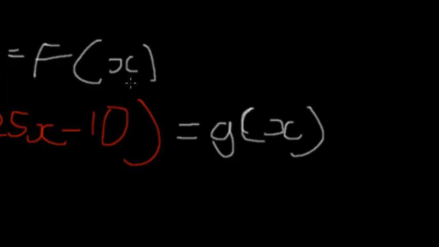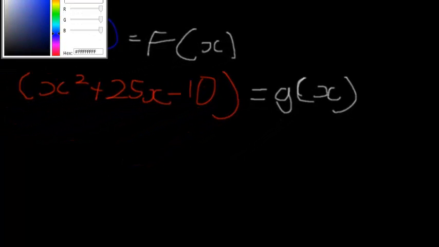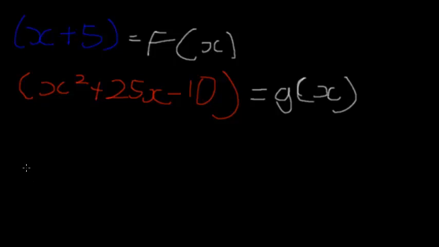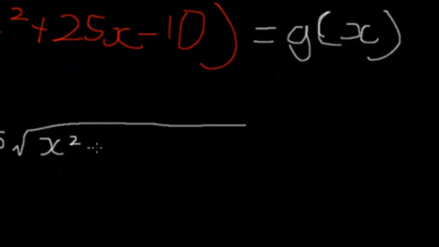Now, using normal division that we know about, you know how to divide numbers. You can just put there x plus 5, and then divide x squared plus 25x minus 10.